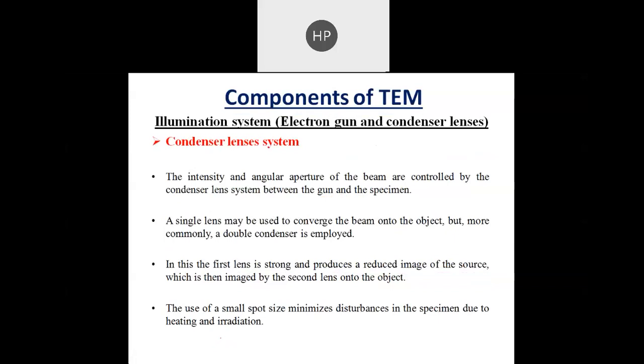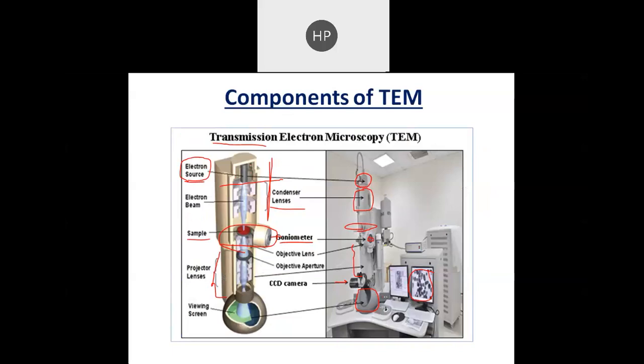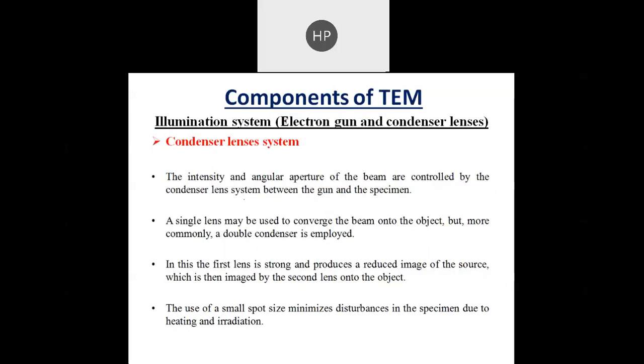After the electron gun, we have a condenser lens system. The intensity and angular aperture of the beam are controlled by the condenser lens system between the gun and the specimen.